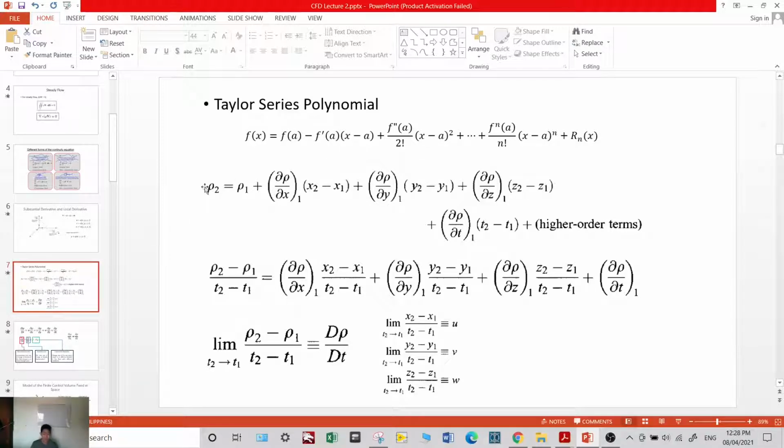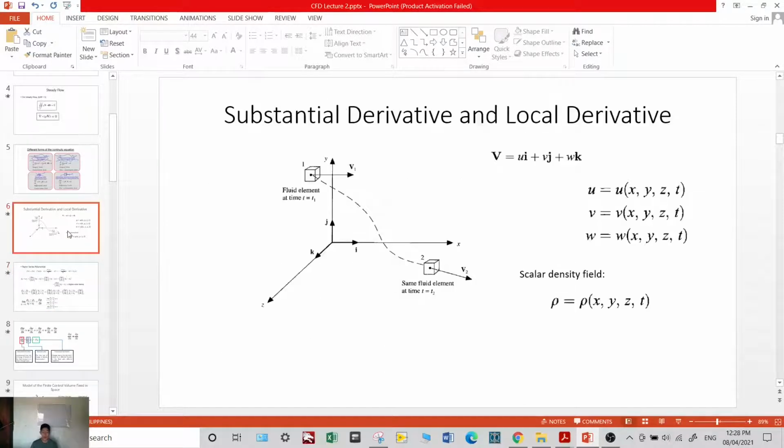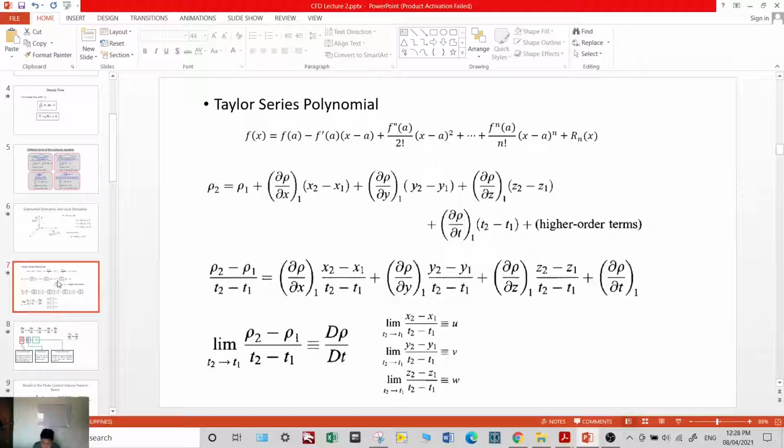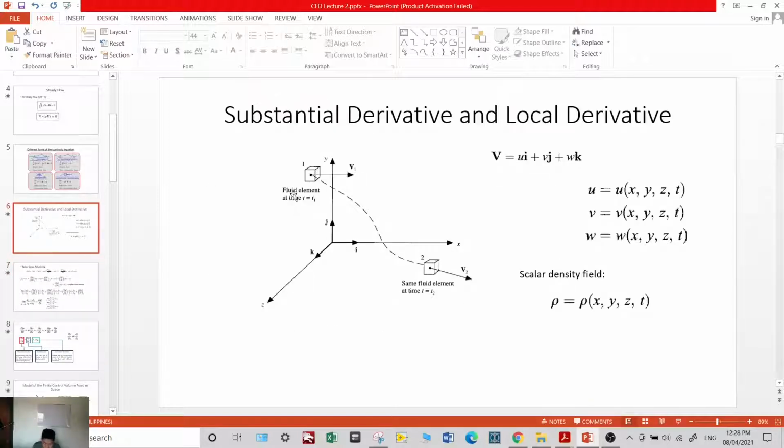You apply the Taylor series. So you apply a Taylor series. Say for example, you have the density at point 1. So kung given ka sa density at point 1, say for example, ang density niya diri is rho sub 1. And then gusto naman pangitawon ang density sa pag-abot niya sa point 2.